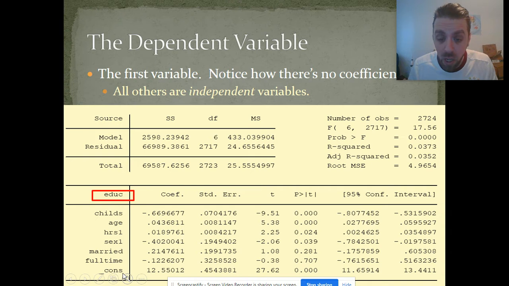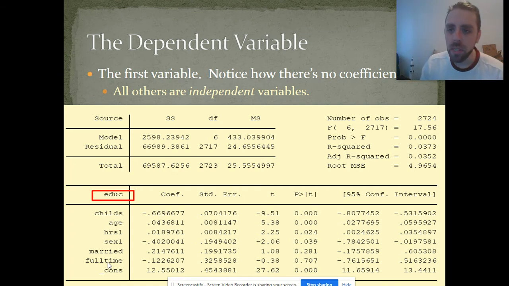It does not have a coefficient attached to it because the coefficient reported for these 6 independent variables is understood as the change in Y, the change in years of education, associated with a change in the 6 independent variables you have reported. Hopefully that makes sense.